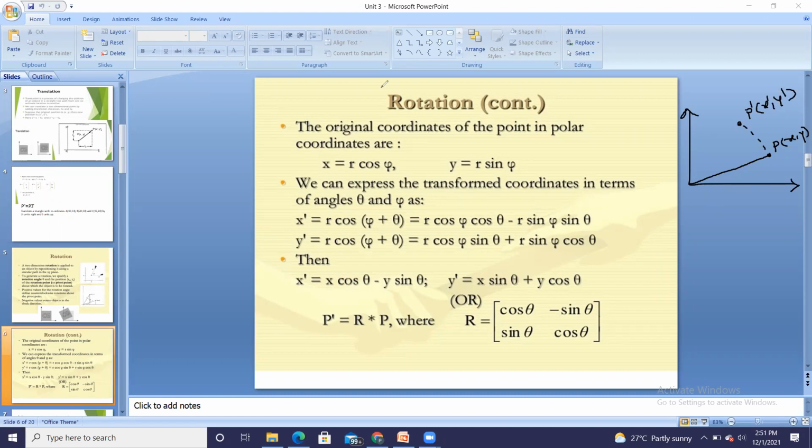Now this is my new point P dash along this circular path. Now this angle of rotation, let us say angle is theta, as we are knowing theta is the angle of rotation. Please bear with my handwriting.